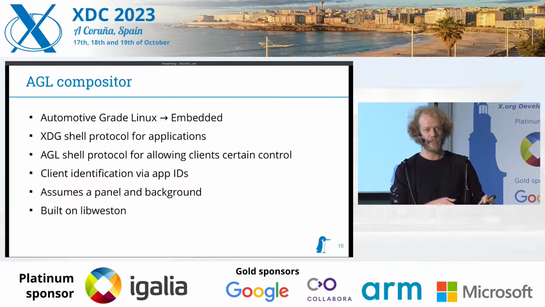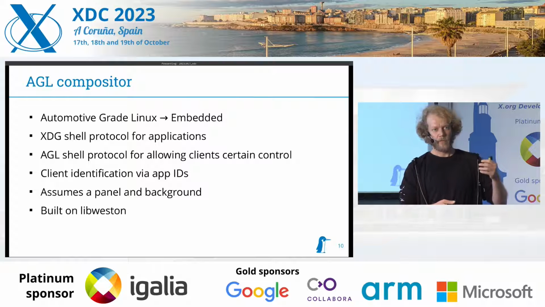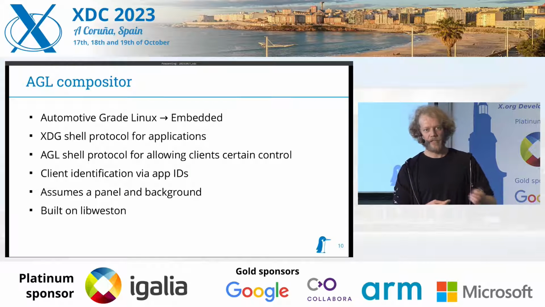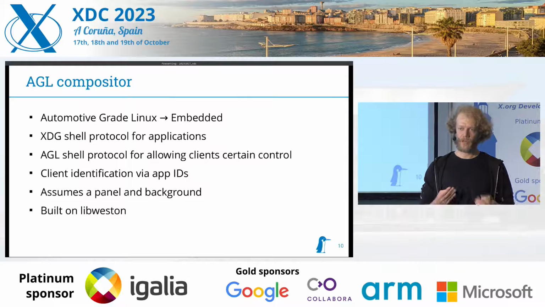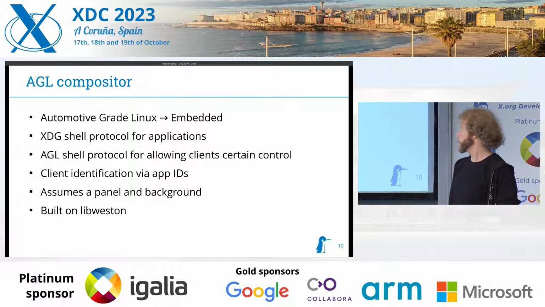It's different from the IVI shell protocol, but still clients have to implement it to have full control over or make use of the agl-shell. Identification also happens via the app IDs of the XDG-shell protocol. So that's with the same benefits and disadvantages of the app IDs.